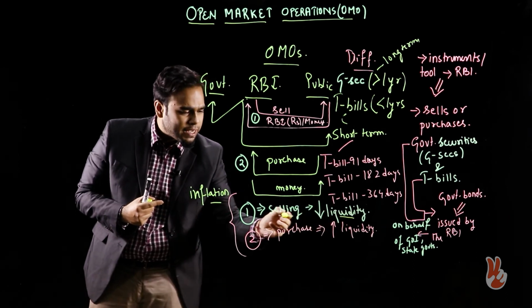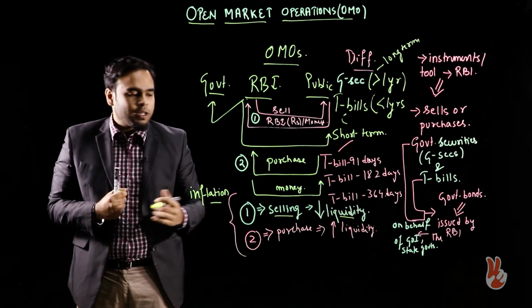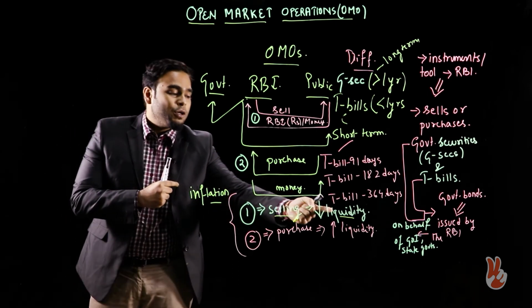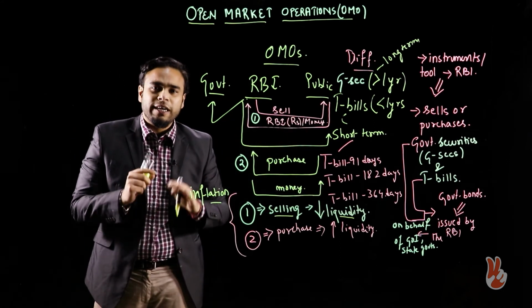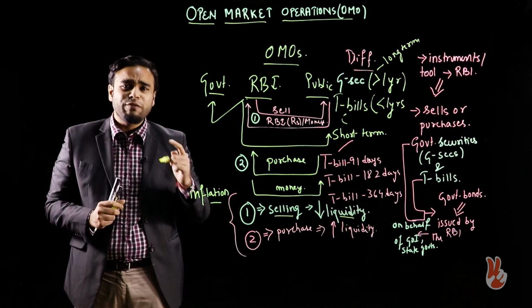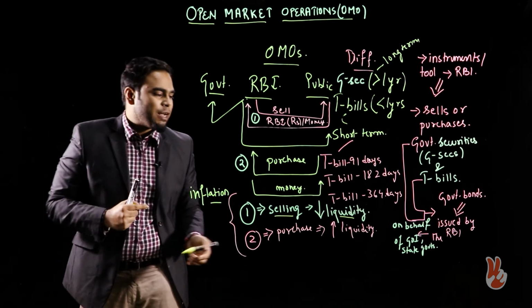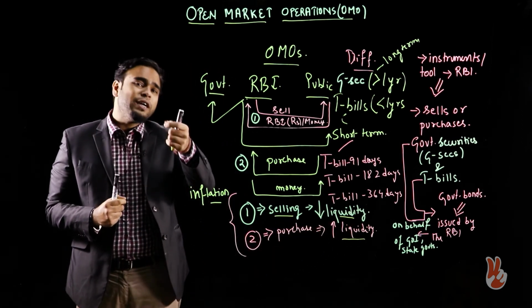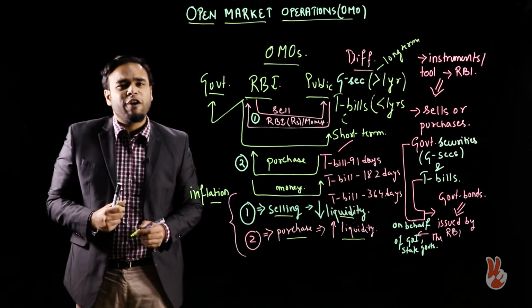It will happen in this case. In this scenario, if inflation needs to be reduced, the RBI will sell the government bonds, which will result in money flowing towards the RBI, and hence there will be decreasing liquidity. And in case if the inflation is very low, what will happen? The reverse scenario will take place. The RBI will want to increase liquidity in the market. And how will it do so? By purchasing the government securities.